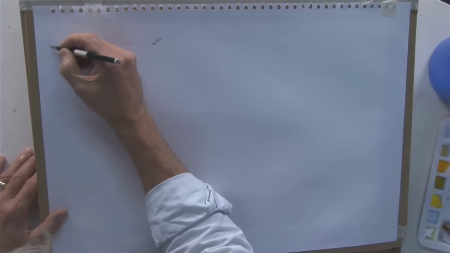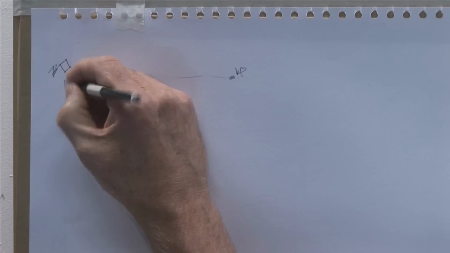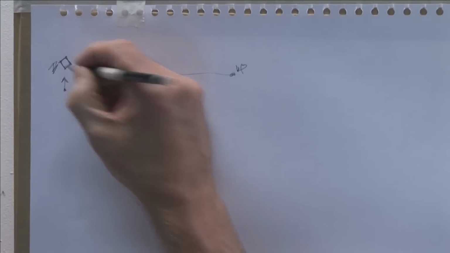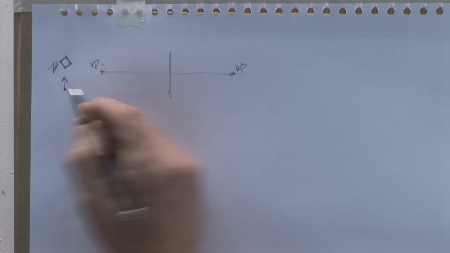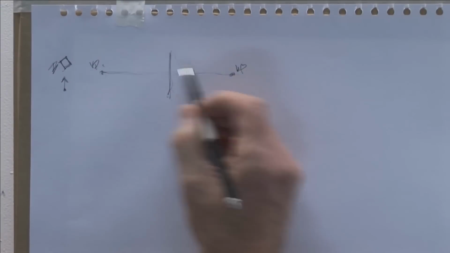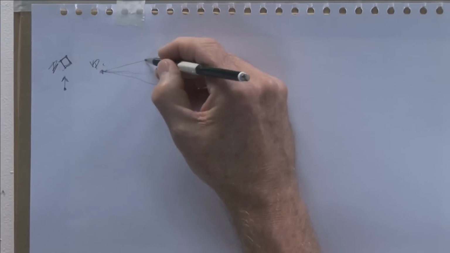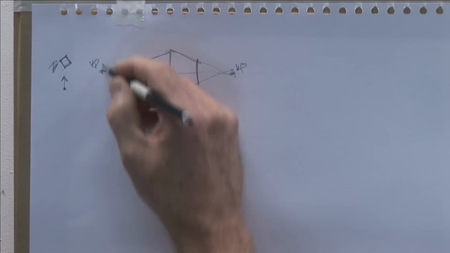If I indicate a bird's eye view, this is a square, this is me, looking at, well, I suppose a cuboid. The perspective of that in two-point perspective shows the nearest corner pointing back to the vanishing point, with perspective lines back to the vanishing point, and that's the cuboid in perspective.